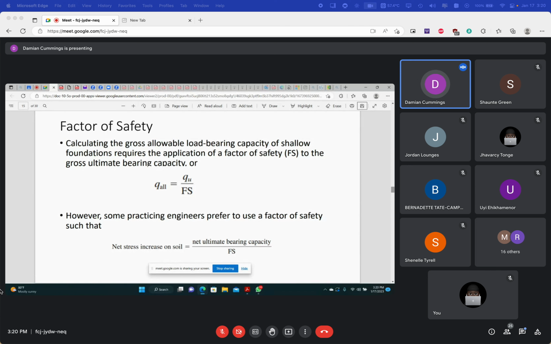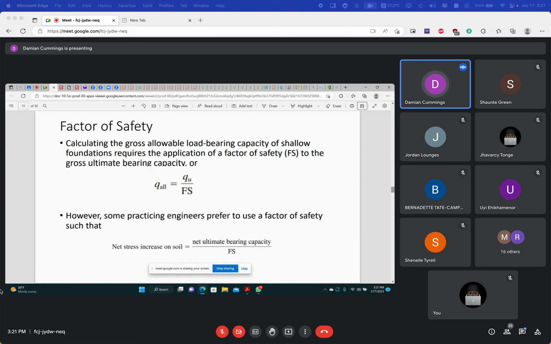So our allowable load carrying capacity of the soil is equal to our ultimate bearing capacity divided by our factor of safety, right? And as the engineer, you are going to choose a suitable factor of safety.